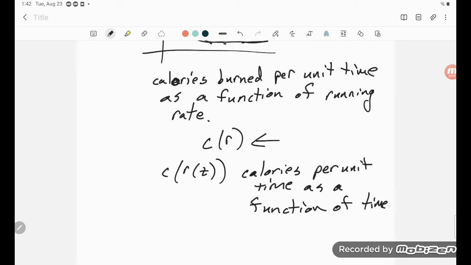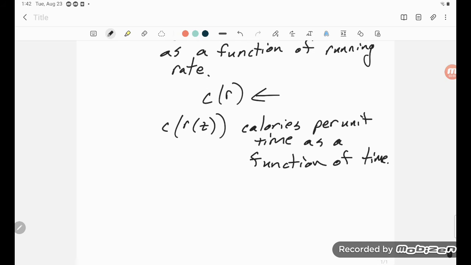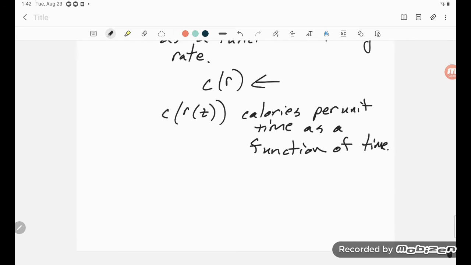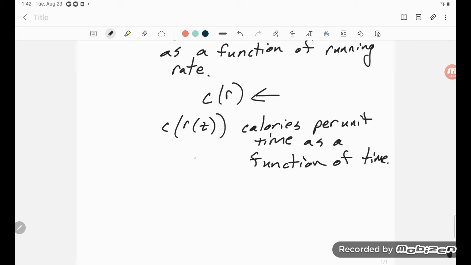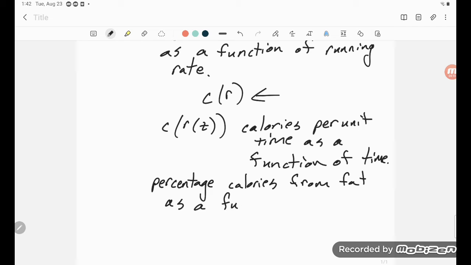But I had mentioned calories from fat. Well, I was also able to find percentage calories from fat as a function of exercise time.